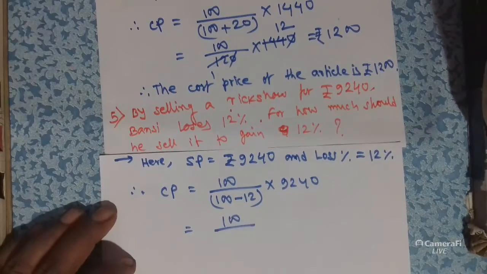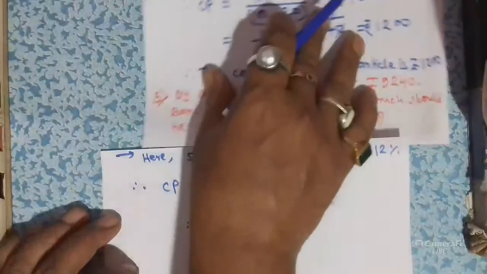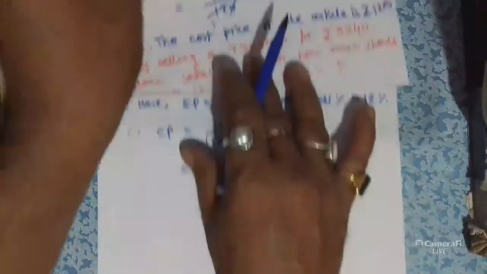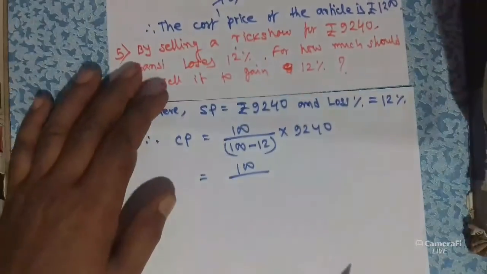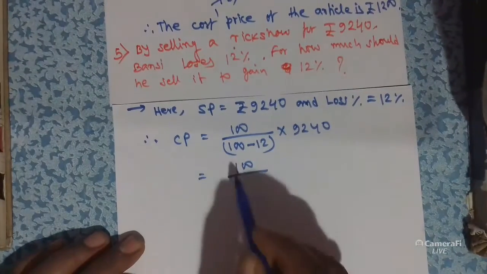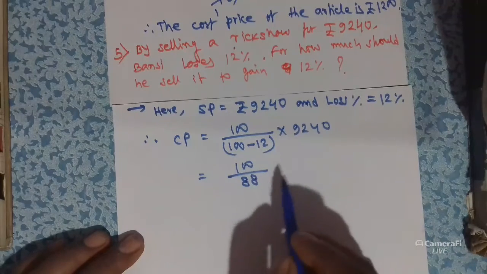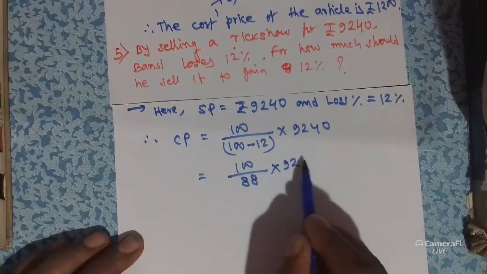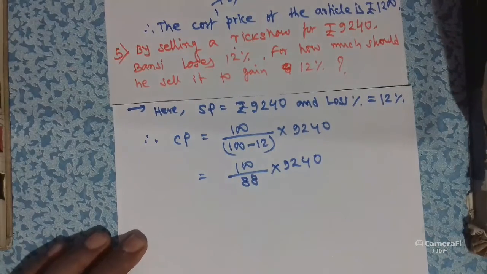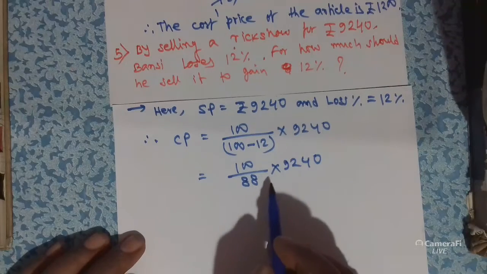It will be 100 by 88 multiply 9240. Now we can divide it.